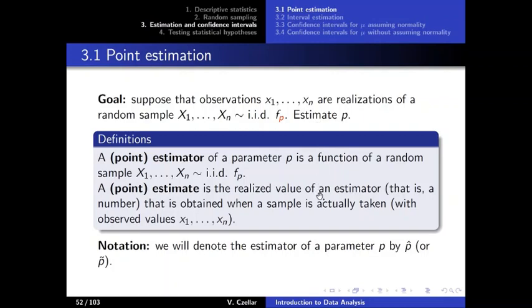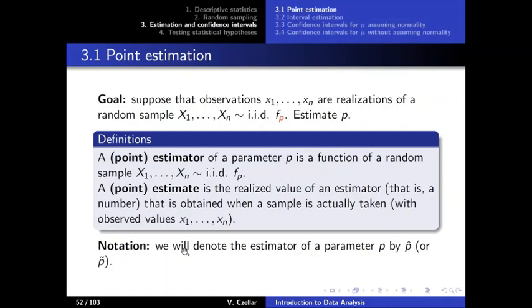Now, what is a point estimator? A point estimator is just a function of the random sample, x1 through xn, any function of the random sample. Now, a point estimate is something that you apply to the sample. If you have observations of your random sample, then you just plug in your point estimator and you obtain your point estimate.